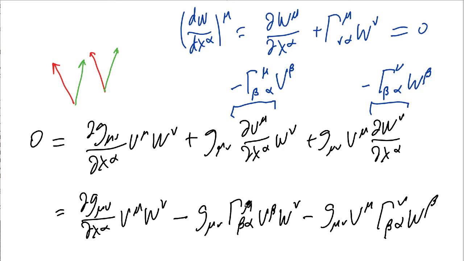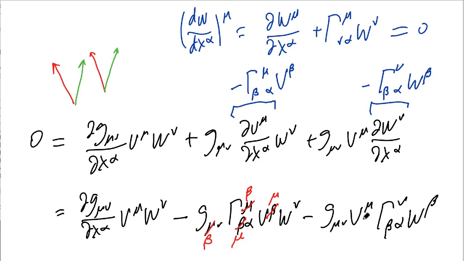This is really a double sum. It's a sum over mu and a sum over beta. But since these letters are arbitrary, they're just being summed over, I can swap beta and mu. So I can change this beta to a mu, this beta to a mu, and then these mu's can be changed to anything I like. So why not just use beta for those?